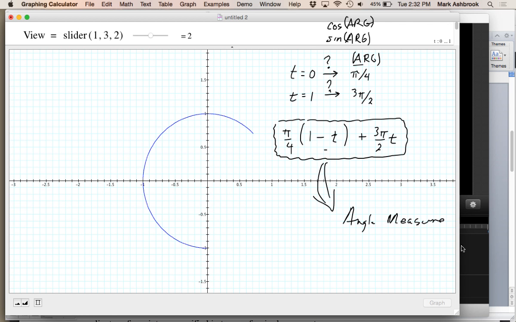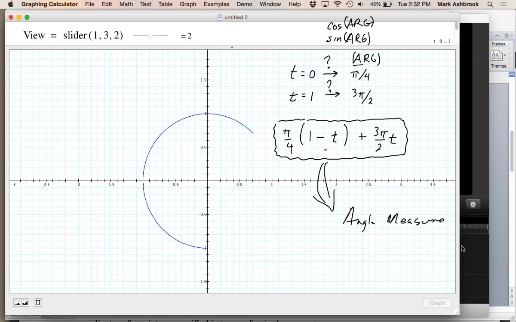So if you were to do 2 minus t instead of 1 minus t, if you want t to go from 0 to 2 instead of 0 to 1, would you get the exact same set of points?